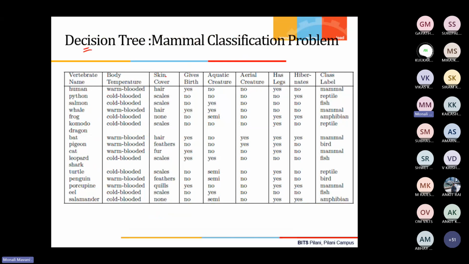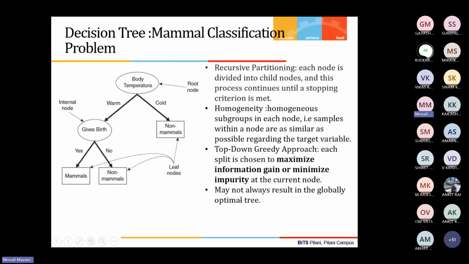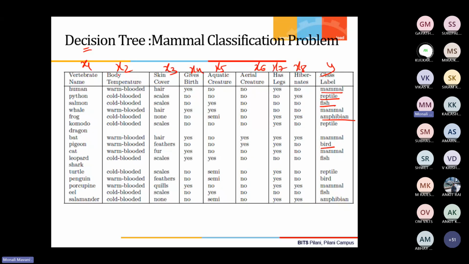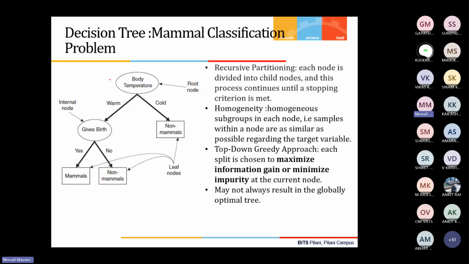See, this is an example, a mammal classification problem, where I have all of these features, some characteristics of the mammals. And our class labels are mammal, reptile, fish, amphibian, maybe bird. So it's a multi-class classification problem. Say at the root node I take body temperature as one of my attribute features.